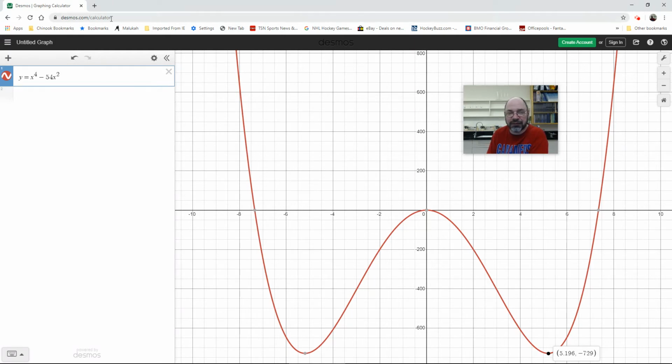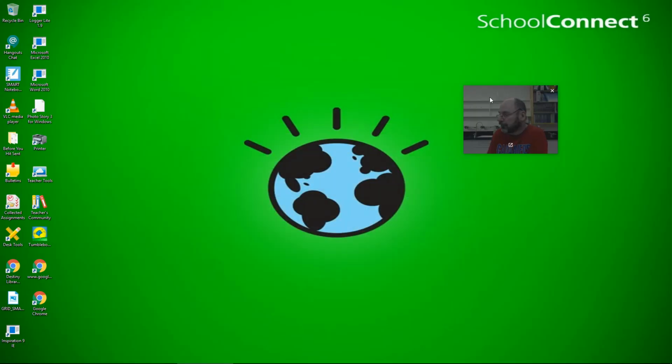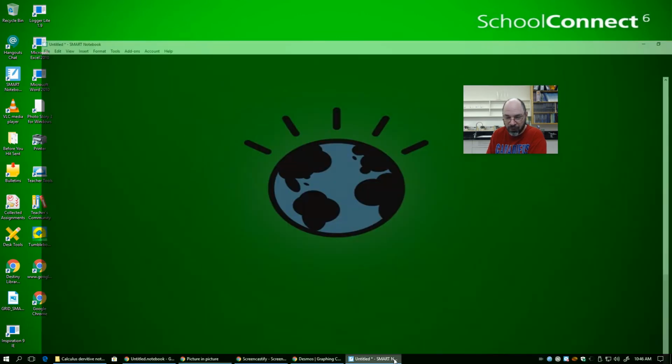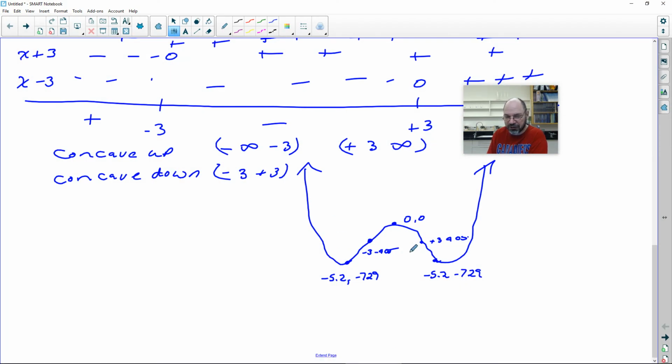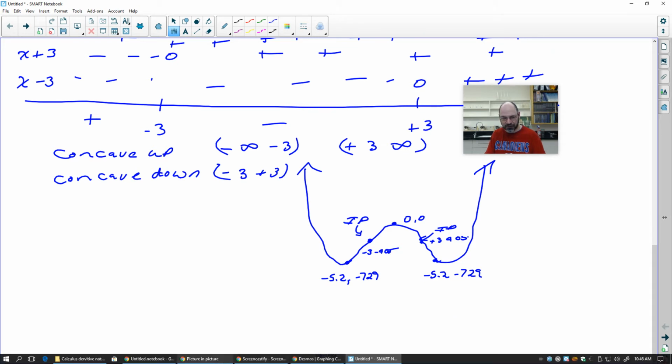Okay, so let's do another one. Let's get my board back up here. So our sketch is there. Make sure you're labeling your IPs, whether it's an IP or max or min. So these are IPs. We didn't find the IP on the Desmos example because it doesn't show that, it just graphs it.